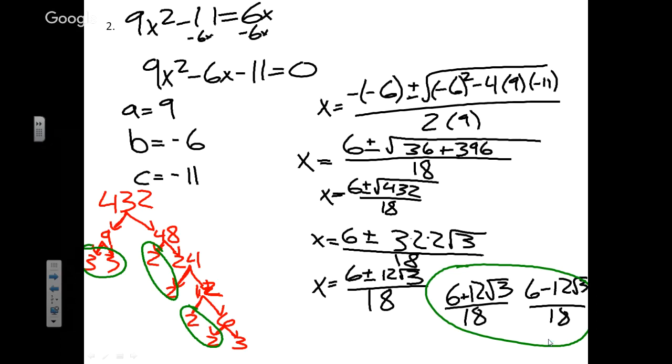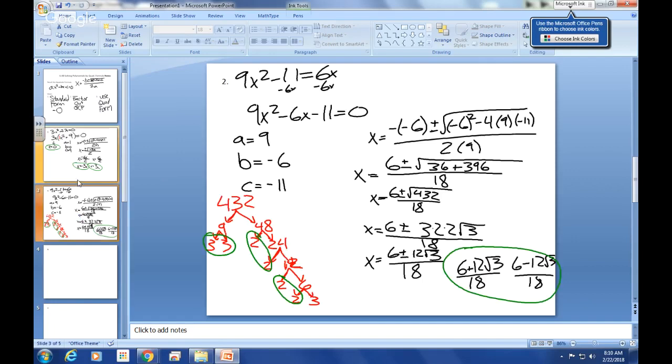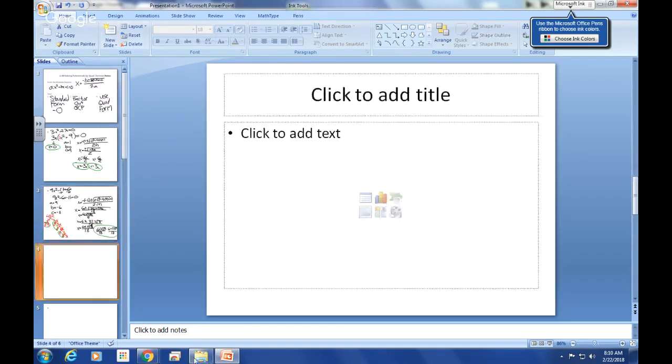Yeah, so we have these. I have to add another slide real quick. So we had 6 plus 12 times the square root of 3 divided by 18.